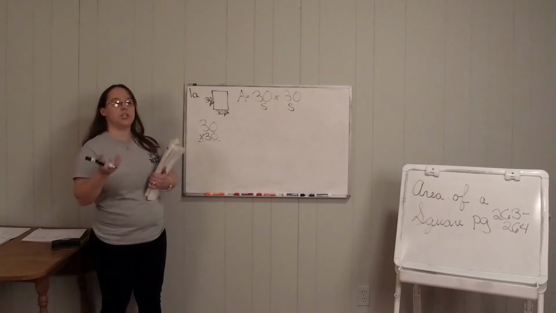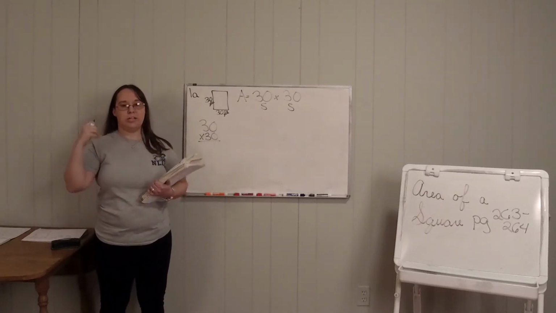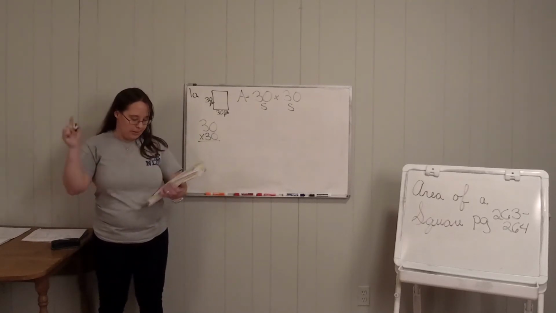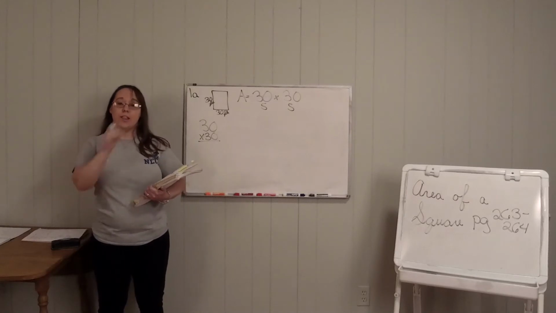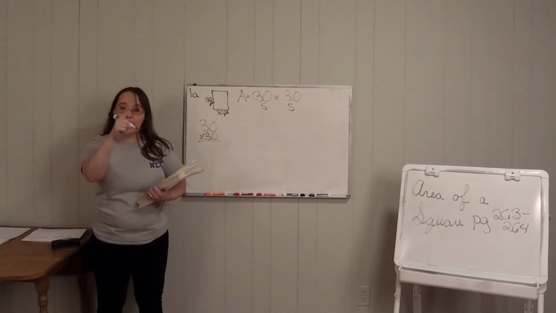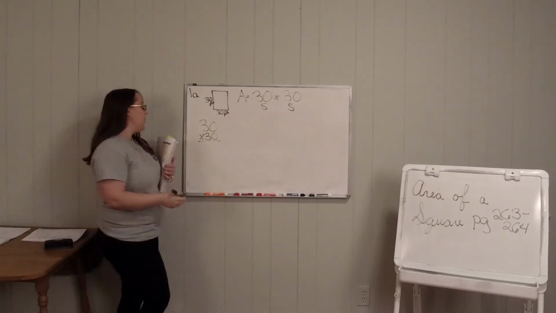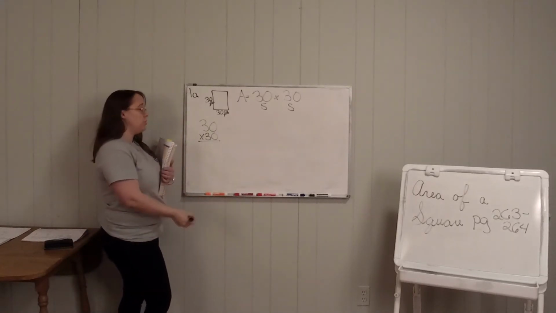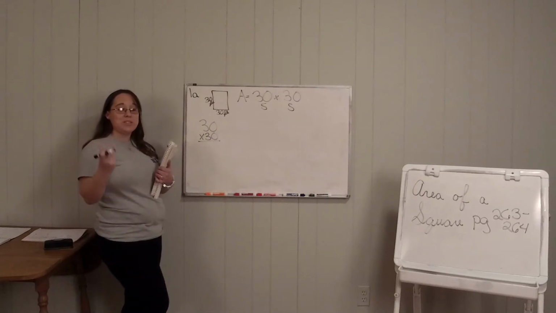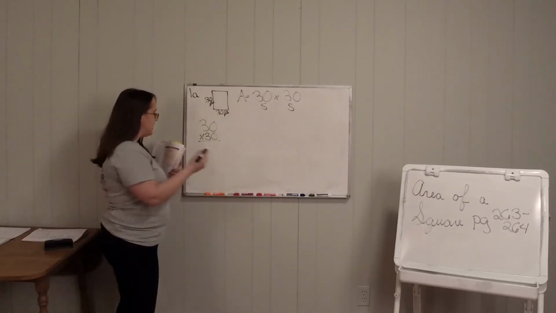So you have 30 times 30. So, what is 30 times 30? Think about it. Do that math problem right now. We're on page 263. That's where your math book should be open at right now. Well, let's work it. You know, if you multiply something by 0, it's going to be what? It's going to be a 0.